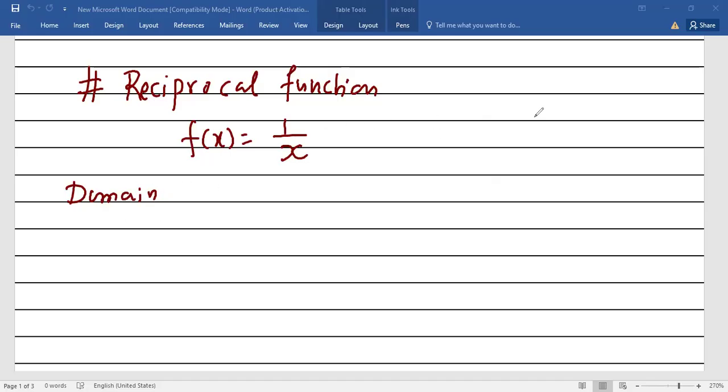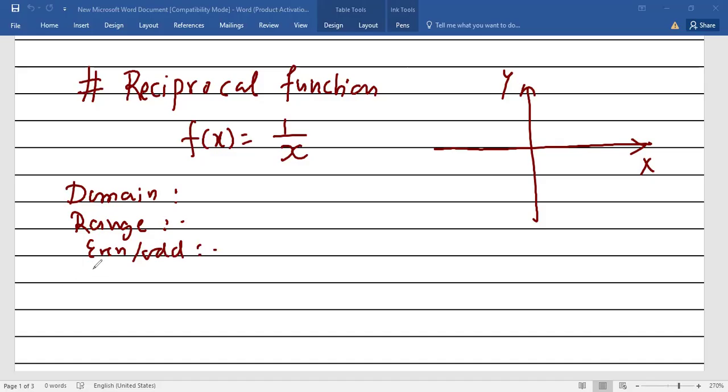What you can do, you can draw the graph first from the graphing calculator. Based on that graph, you tell me what is the domain, what is the range, whether it is even or odd or neither.